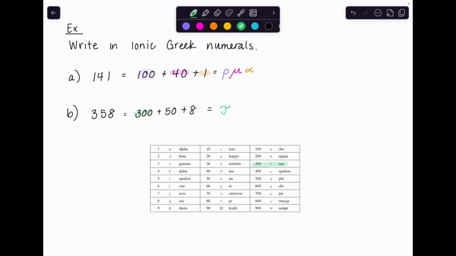Right. Then next one is going to be 50. So that's going to be nu. So it kind of looks like a stretched V. And last but not least, our 8 is going to be eta. So it looks like this in Ionic Greek.